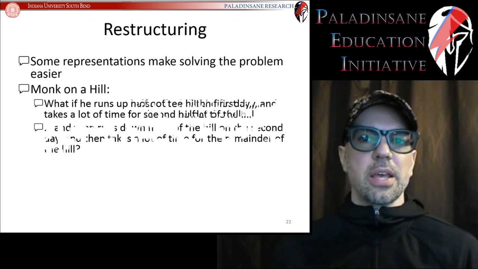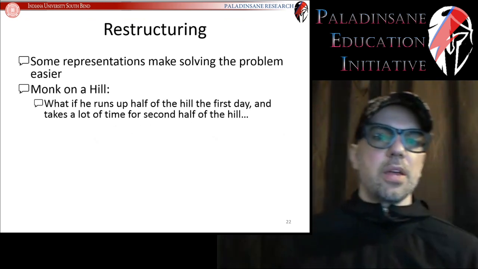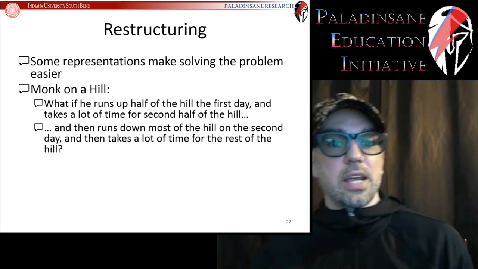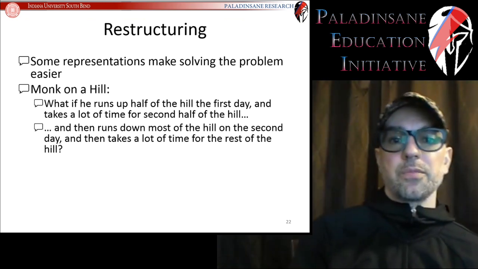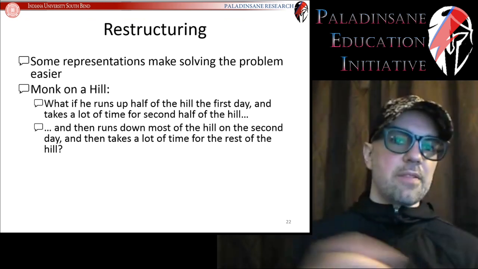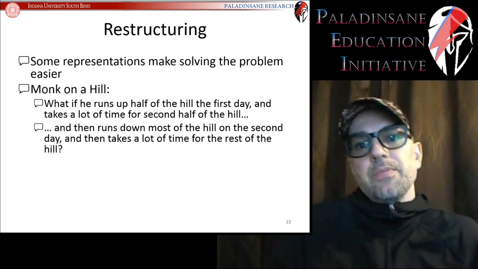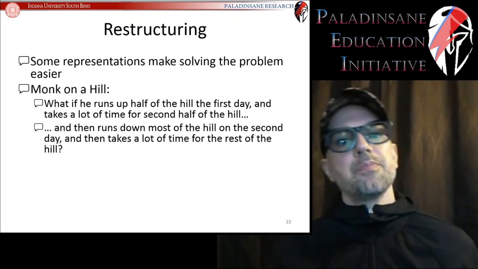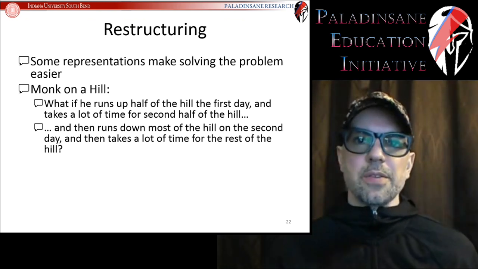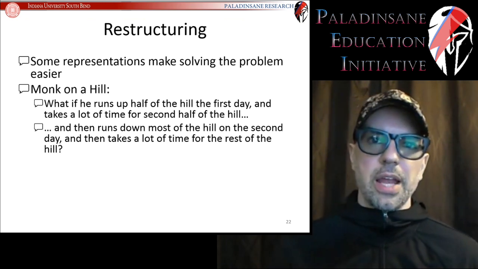Or what if he runs up half of the hill on the first day and then takes a lot of time for the second half, but then runs down most of the hill on the second day and takes a lot of time for the rest of the hill? So what if he doesn't have the same sort of pattern on the 2 days? What if it's a completely different sort of ascent versus descent? So give yourself a second here, pause the video, try to solve this, try to come up with an answer.